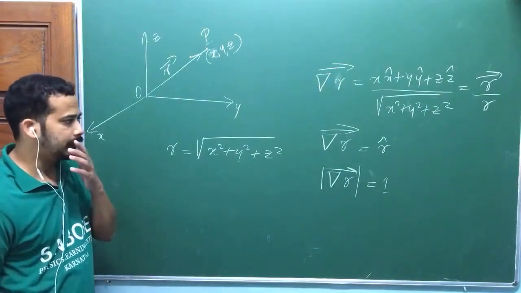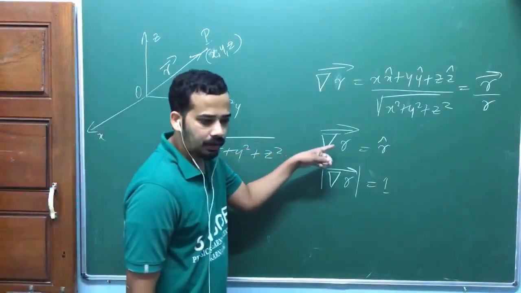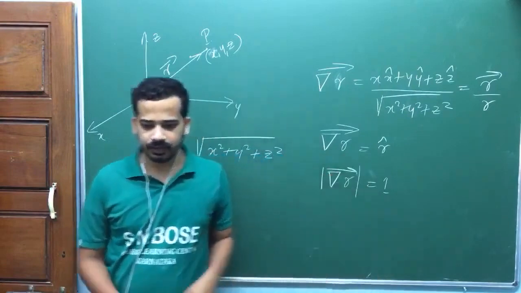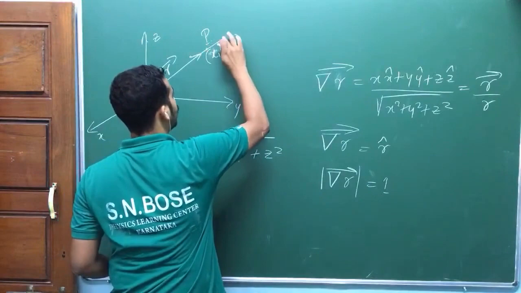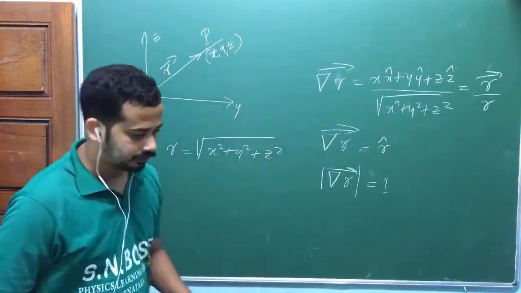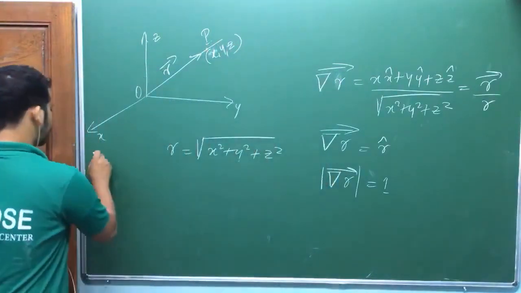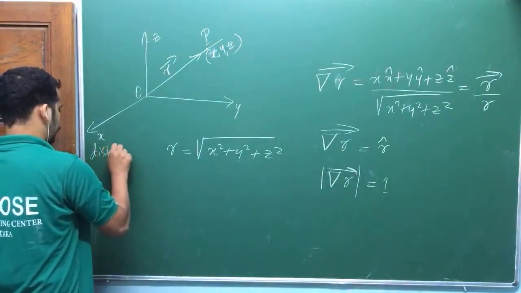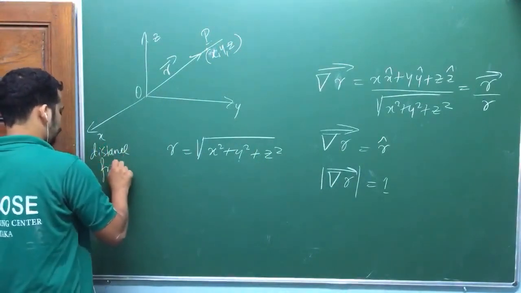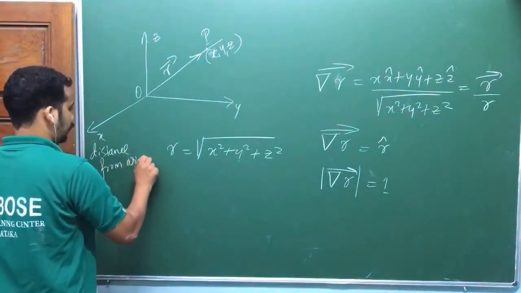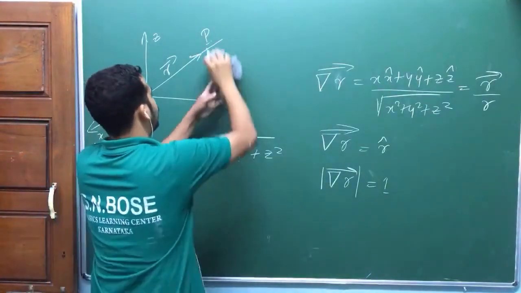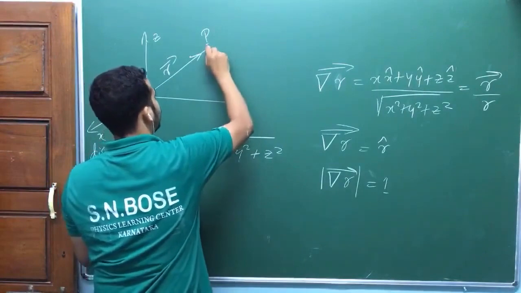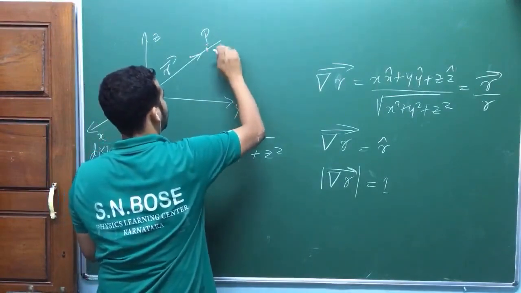Now look here. This gradient of the distance from the origin is in this direction. What do you mean by that? At this point you have a gradient pointing in the r cap direction, am I right?